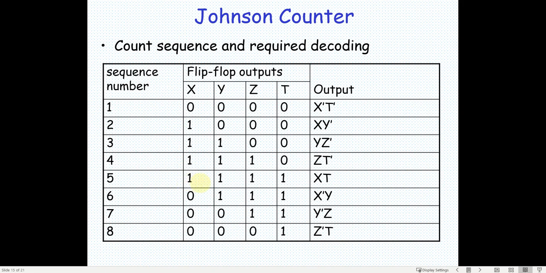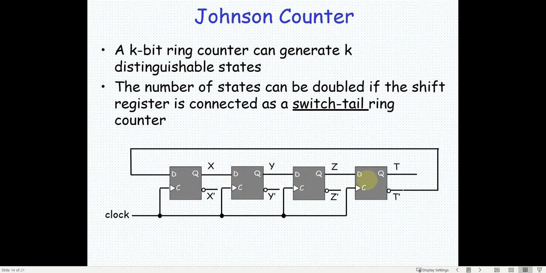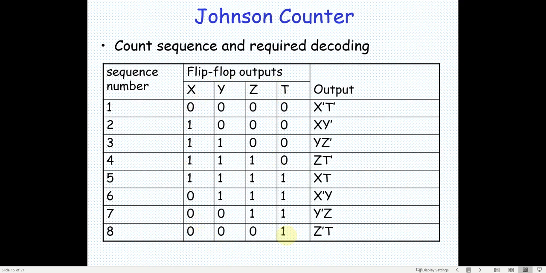So the 1 gets filled up, and then since it's Q bar which is fed here, again it starts with 0. So initially with the 4 flip-flops we were getting 4 unique states. Now we are going to get 8 unique states. So this generates a different pattern of signals.